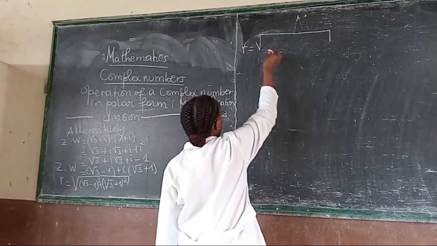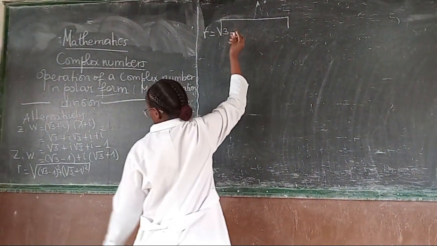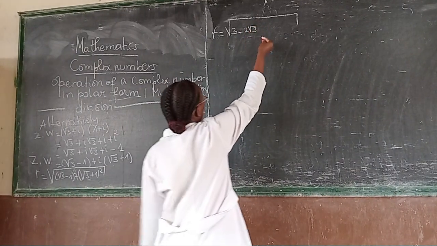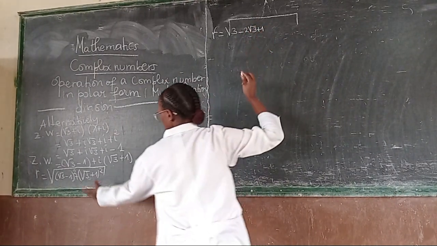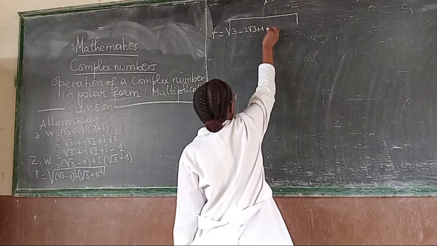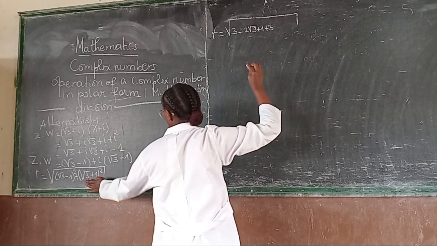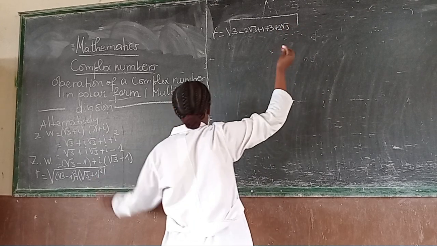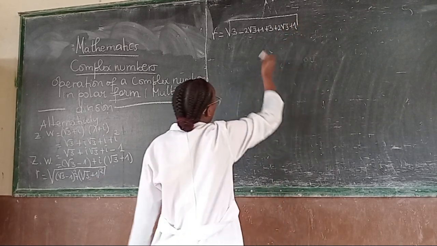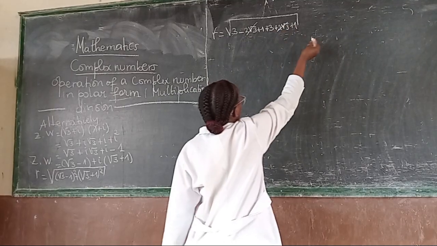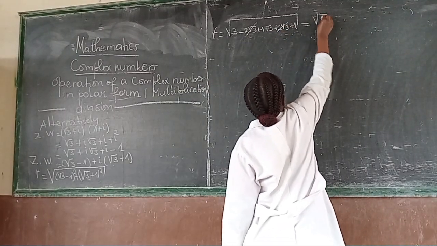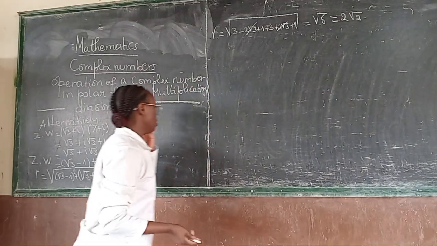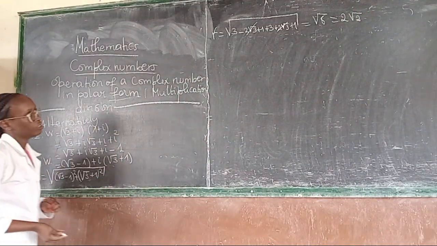Square root of 3 squared, we will have 3 minus 2 square root of 3 plus 1. For the next factor we have plus 3 plus 2 square root of 3, then plus 1. Here we simplify this and that, and we stay with square root of 8, which will give us 2 square root of 2. That is the modulus of z times w.